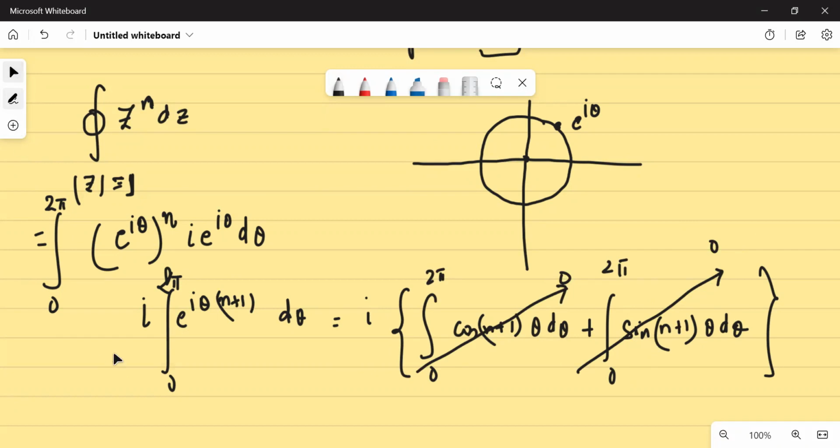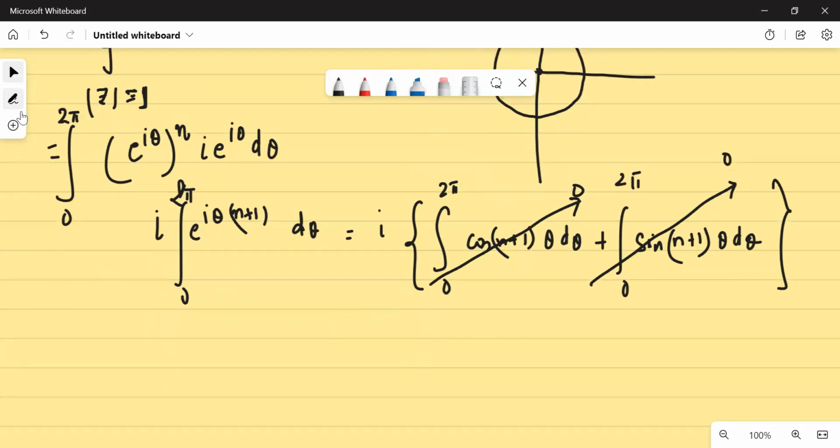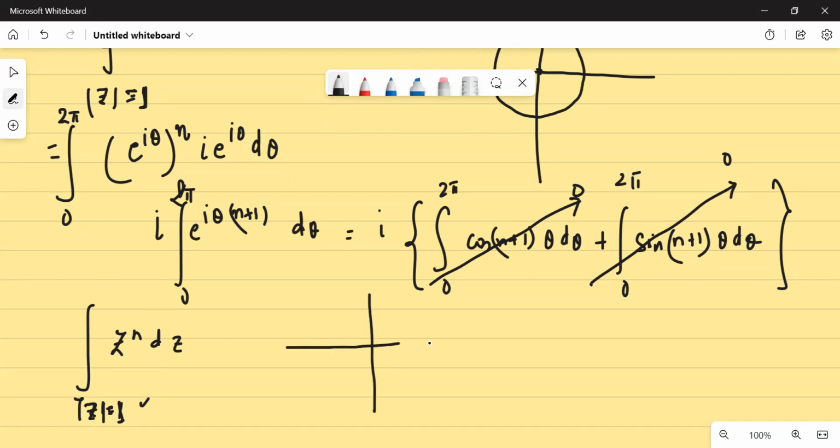See, if I do this way, or if I just use principle of deformation of contours, so clearly you can see that z to the power n is an analytic function. Are you getting my point? So z raised to power n is an analytic function, and for analytic function, if you are in a simply connected region, you know that there is no such singularity inside.